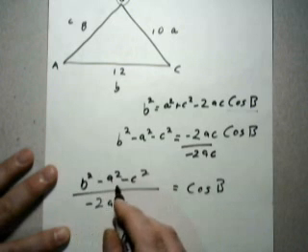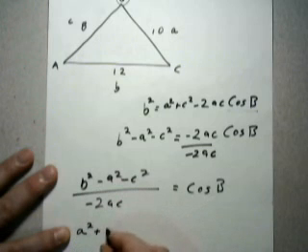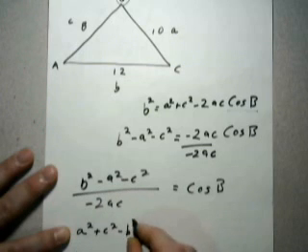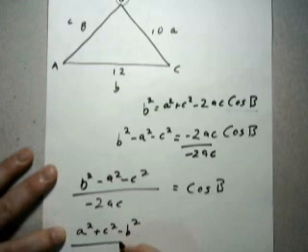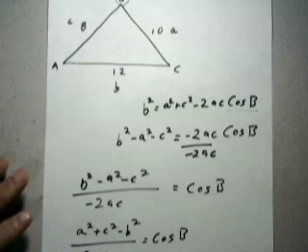So what it becomes is A squared plus C squared minus B squared divided by 2ac is equal to the cosine of B.